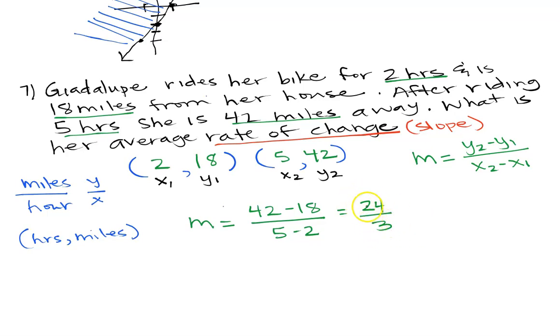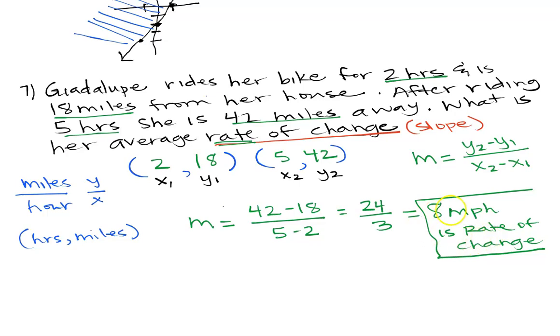And so if I divide those out, 24 divided by 3 is 8. But 8 what? Remember, we're looking for an average rate of change, right? And we're talking about miles per hour. So 8 miles per hour is the average rate of change. Okay, and so remember, to find that average rate of change, you're just using this slope formula. Okay, make sure you have that memorized.